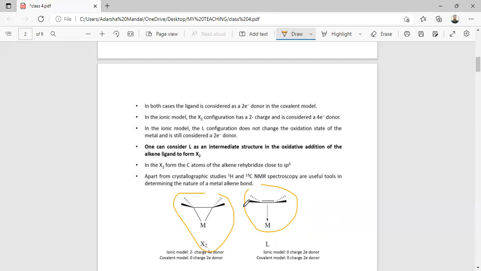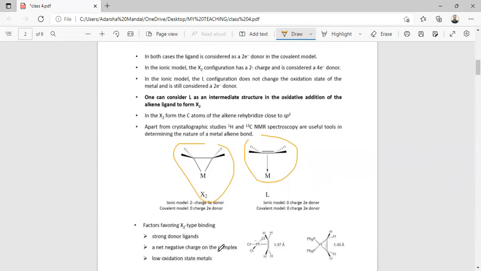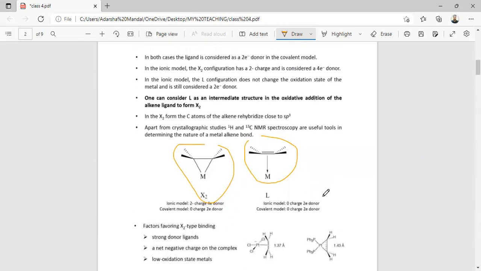One can consider L as an intermediate structure in the oxidative addition to the alkene ligand to form X2. In the X2 form, the C atoms of the alkene are rehybridized close to sp3. Apart from crystallography studies, 1H and 13C NMR spectroscopy are useful to determine the nature of the metal alkene bond. The metal alkene is bound in two ways: the L type and the X2 type.